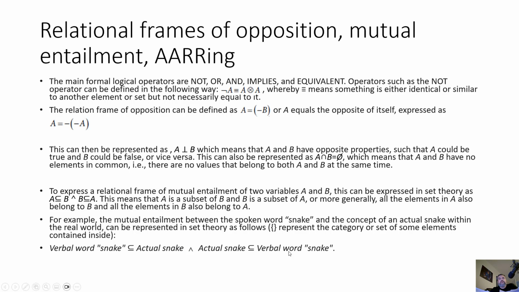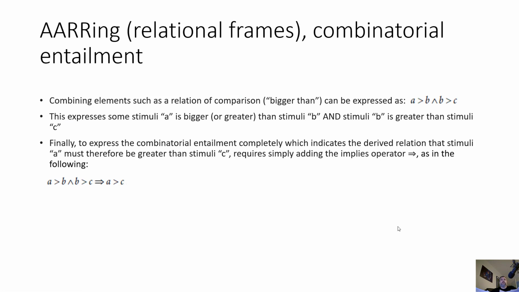So again, you can use these kinds of symbols to represent some kind of entailment. So if this subset includes all the properties of this subset and the reverse is true, the actual snake assumes all the properties of the verbal word snake, then they are mutually entailed by definition.